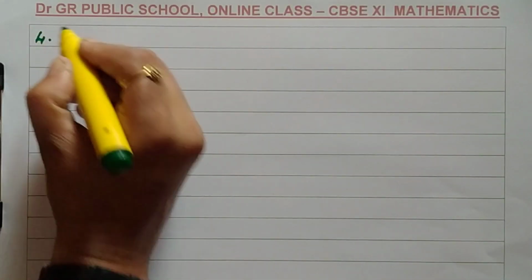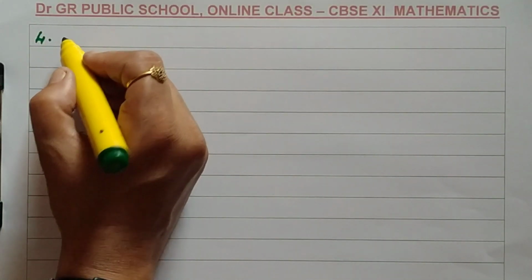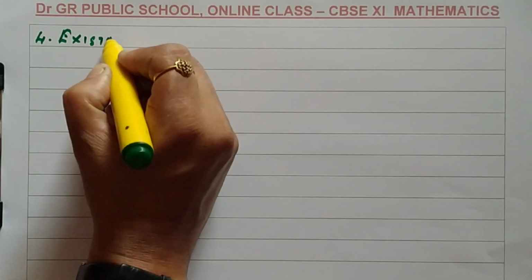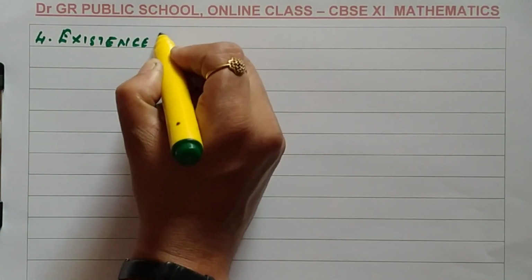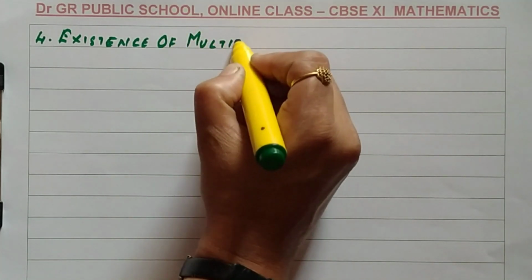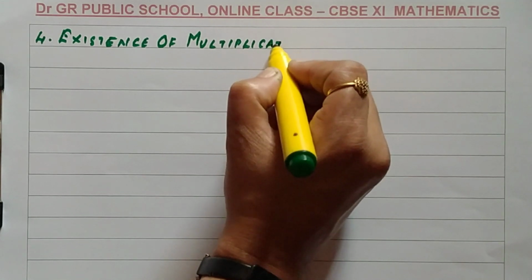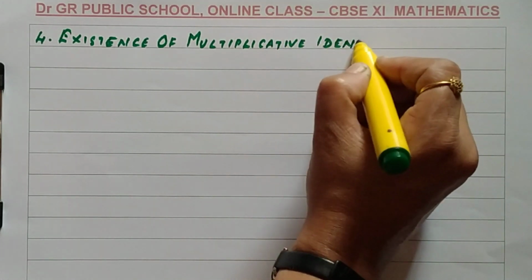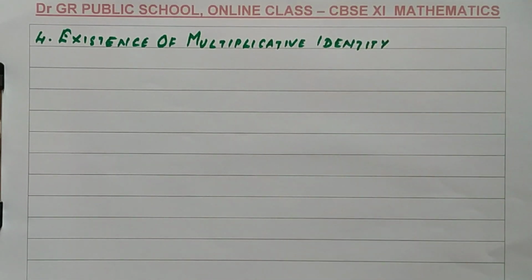The next property in the case of multiplication of complex numbers is the existence of multiplicative identity. What is the multiplicative identity in the case of real numbers?